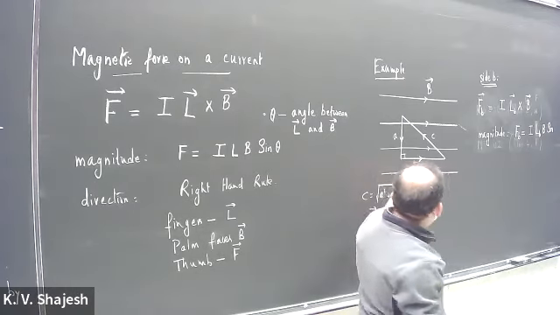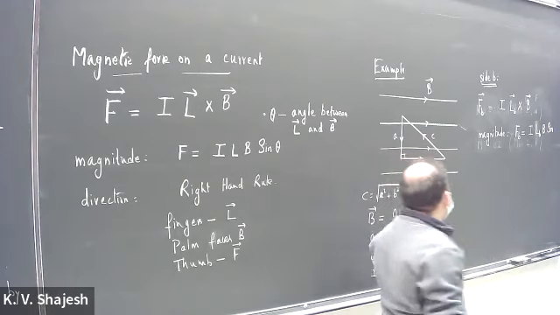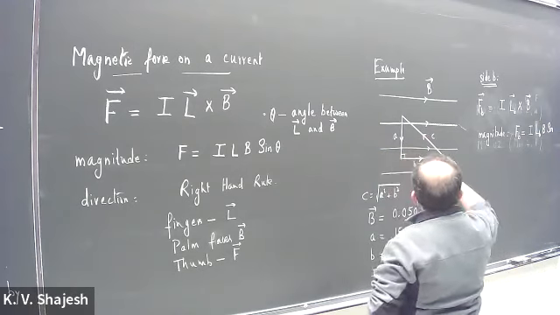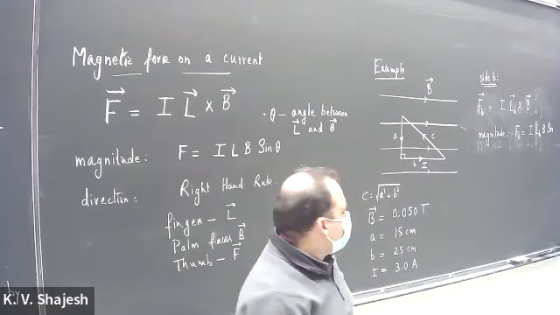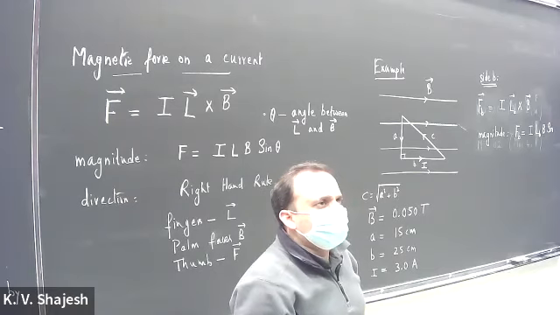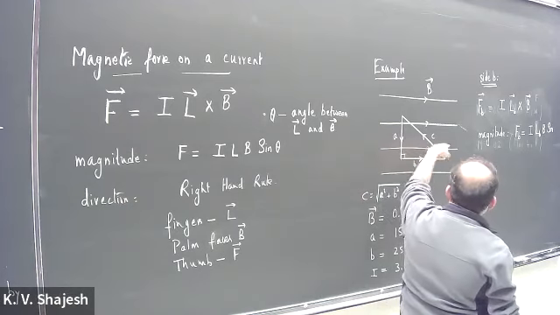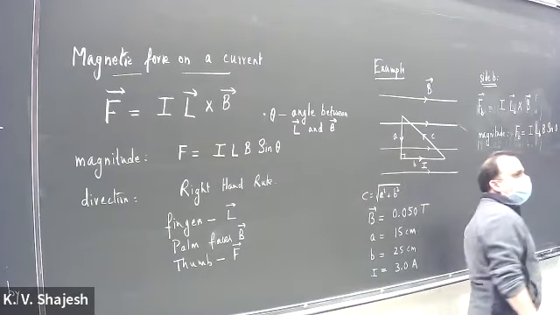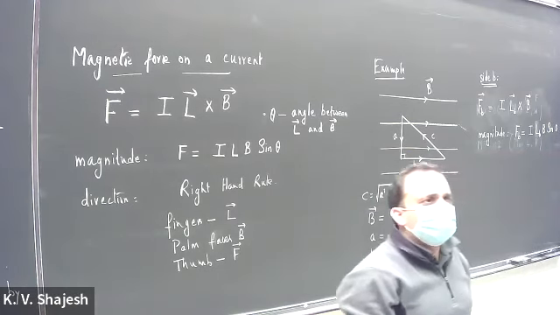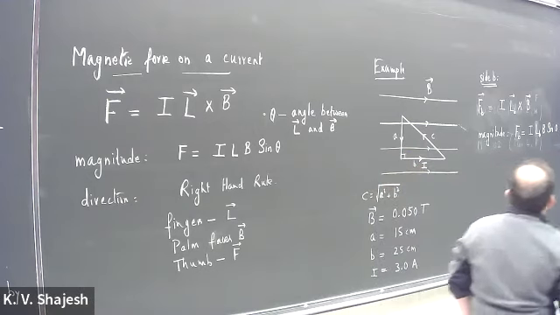The current is going towards the horizontal and going to the right when I'm facing the board. And the magnetic field is also going in that same direction, which means that the angle is zero. Right? Angle between this wire and the magnetic field is zero. And if that angle is zero, sine of zero is zero. So immediately, no calculation needed, it is zero.